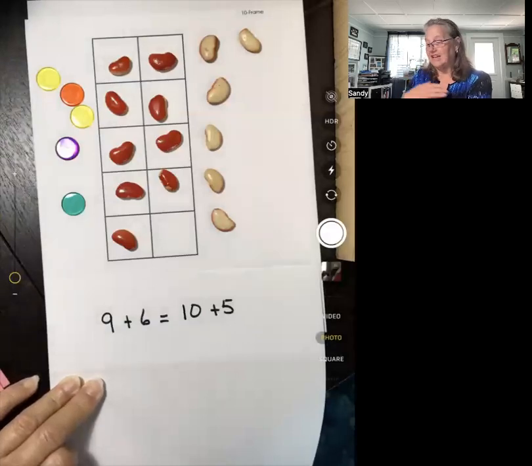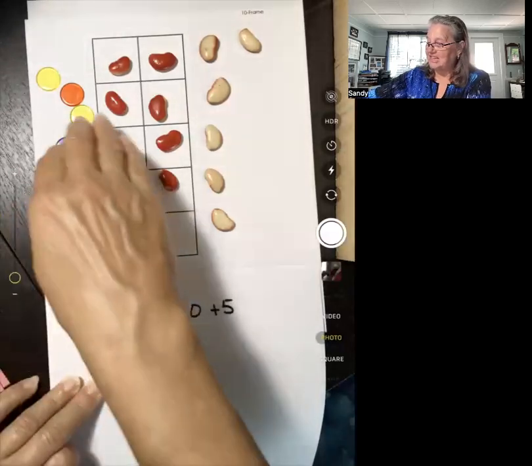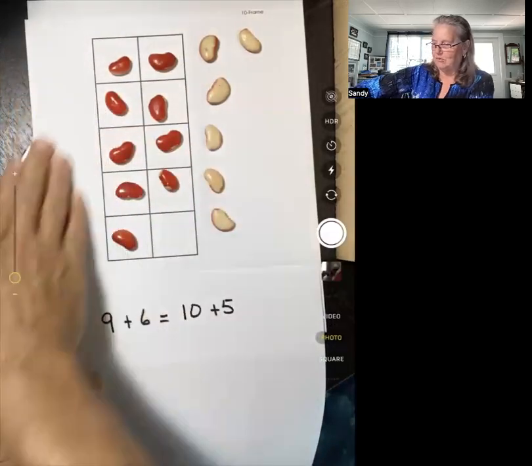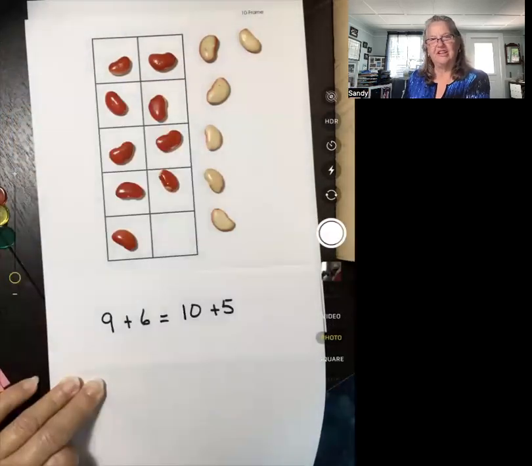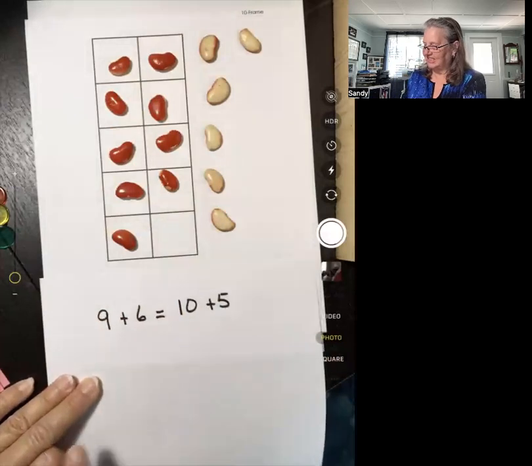See, for me, it's not mathematically incorrect, but it's a less clear image because I start to see all these part totals within the frame when I have all those colors in there. That's just how my brain works. And so I'm wanting it to be very clear. I had 9 and 6.